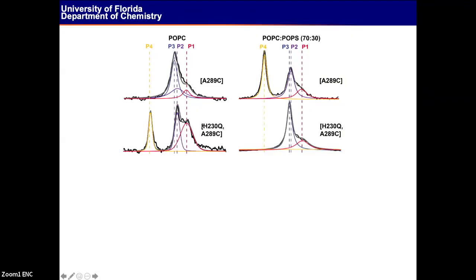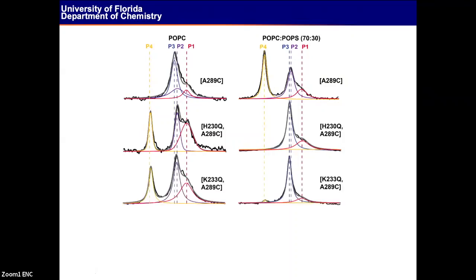When we introduce an H230Q mutation, we essentially invert what we had just seen. In the absence of any anionic lipids, we see the presence of this state P4, and in the presence of anionic lipids, it's completely absent, shown here on the right.